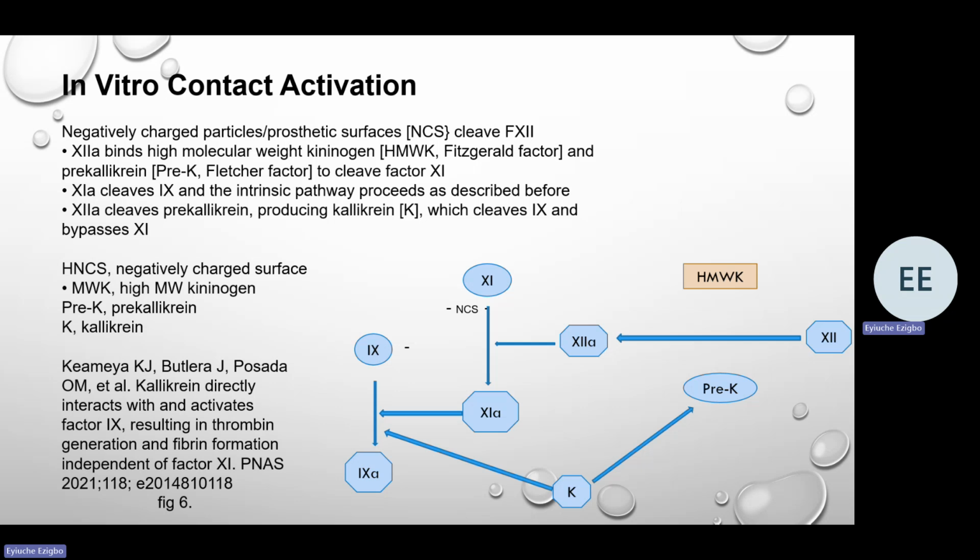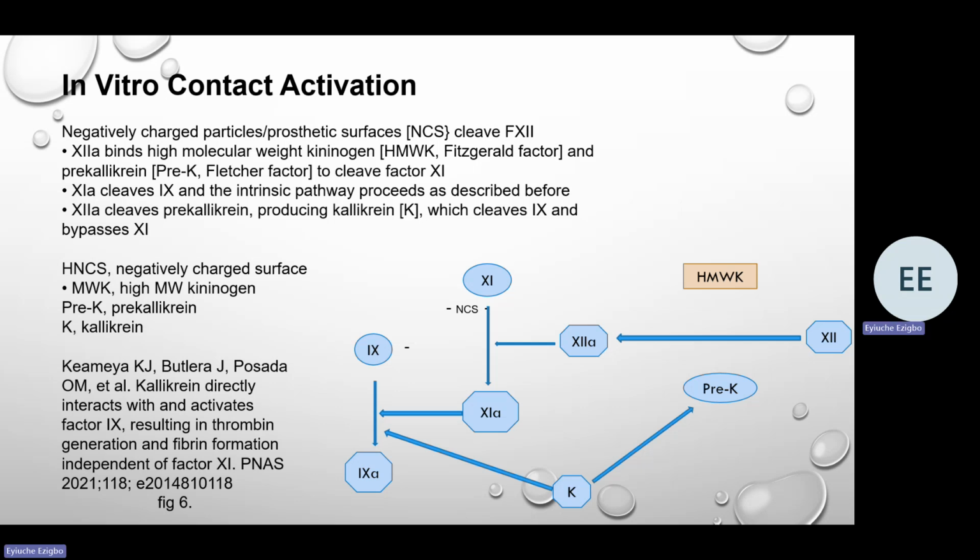So that is the contact activation system of the body. The contact factors: factor 12, high molecular weight kininogen, kallikrein. Although they don't play significant role in vivo trauma coagulation injuries, remember their deficiency can result in the prolongation of APTT.